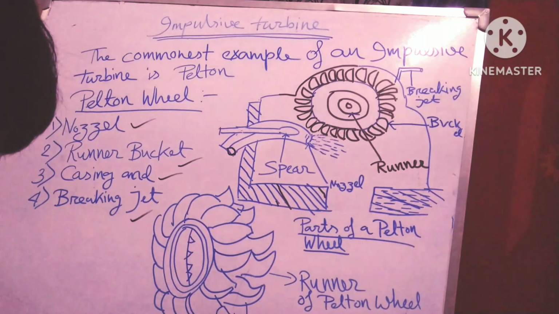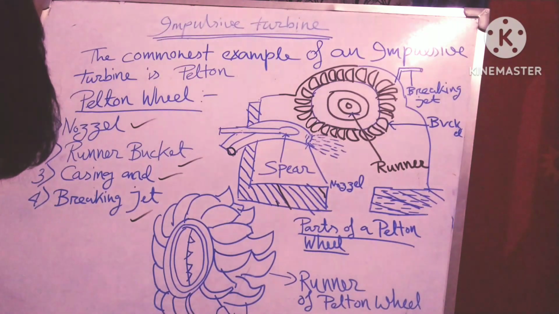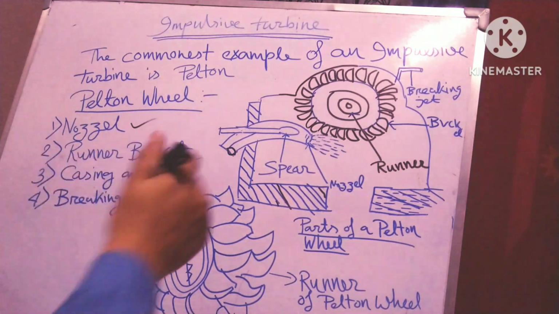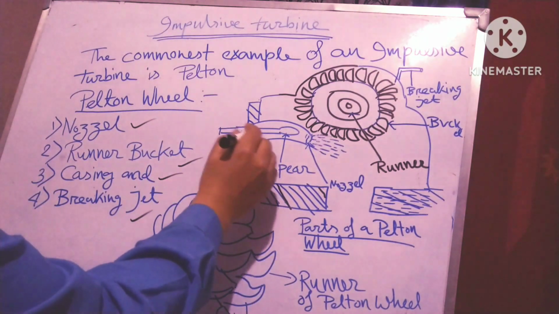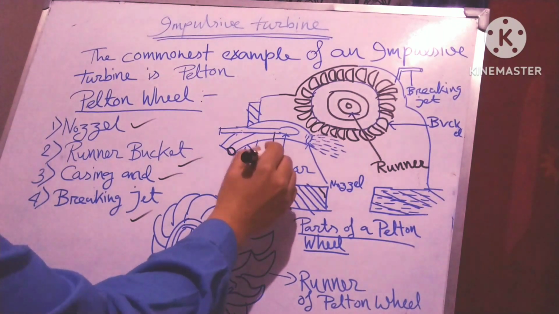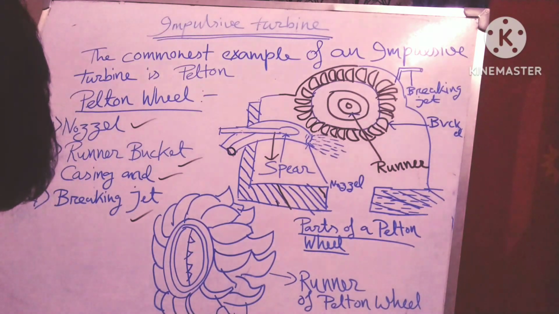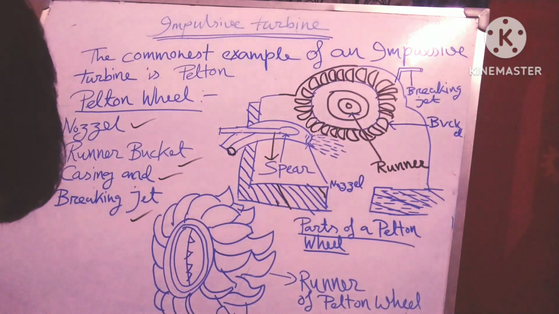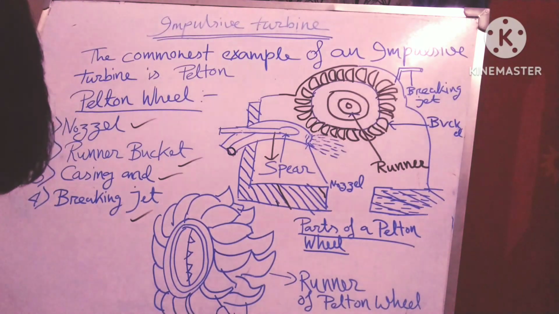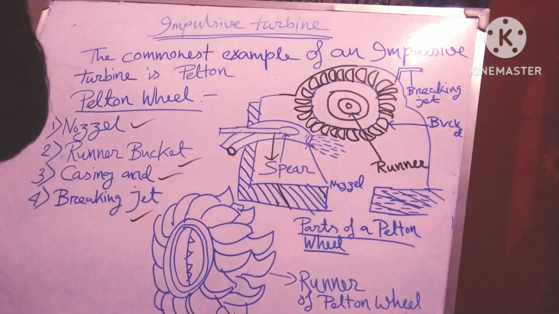The water in the form of a jet strikes the buckets. A conical needle or spear operates inside the nozzle in the axial direction. This is the spear, conical in form.